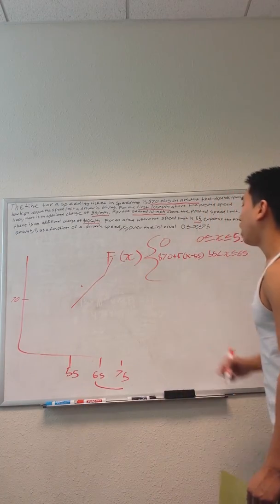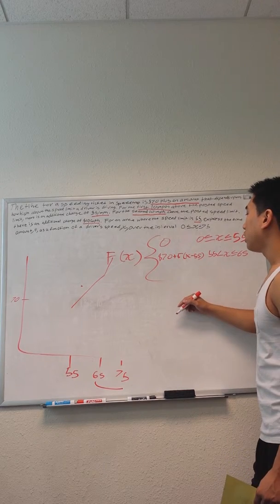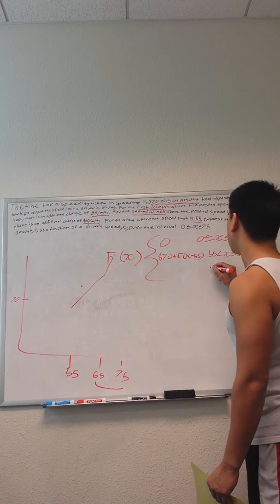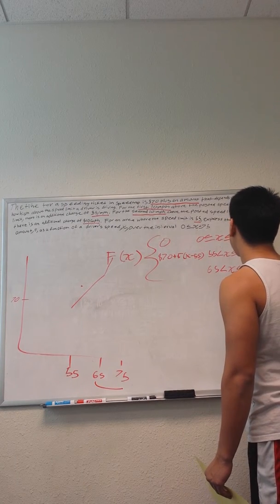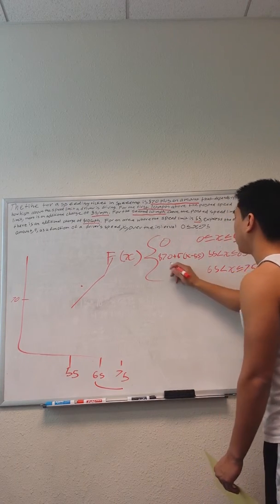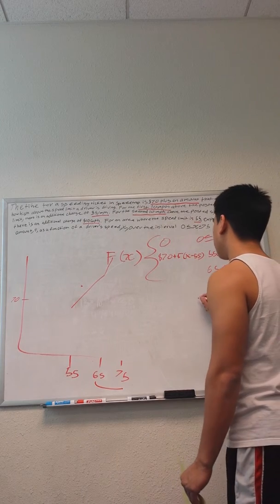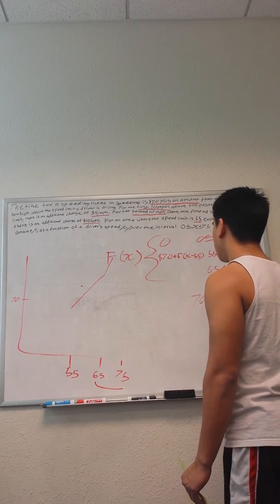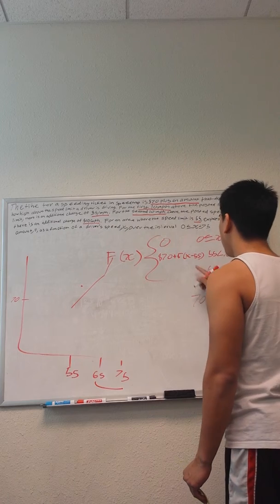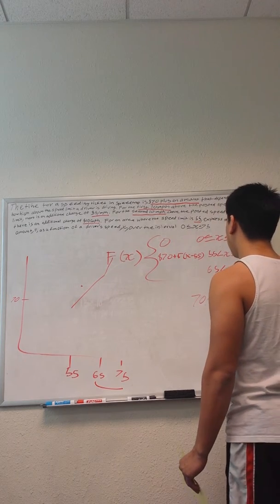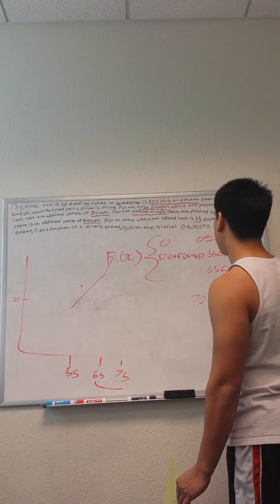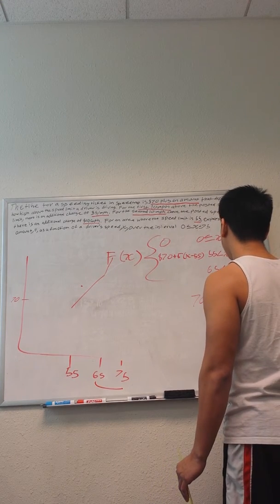To find our starting price for our second interval of 65 to 75, we'll have to solve this equation for the second one. 70 plus 5 times x, and for x we use 65 because that is the first amount that we're using for our function.